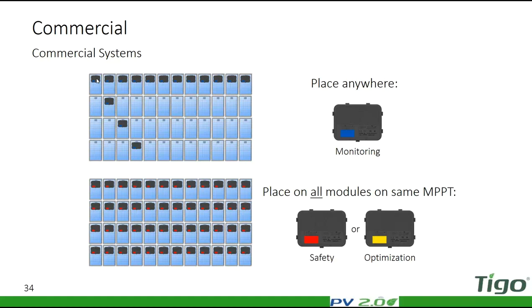So if I put one safety cover on one panel in the string, it will not cut current for the string. It will simply disconnect one module from the string, not all the string. The rest of the string will still be producing power, voltage, current, everything. If you do want to use disconnect, you do need all the modules to be equipped with safety capabilities or with disconnect capabilities.